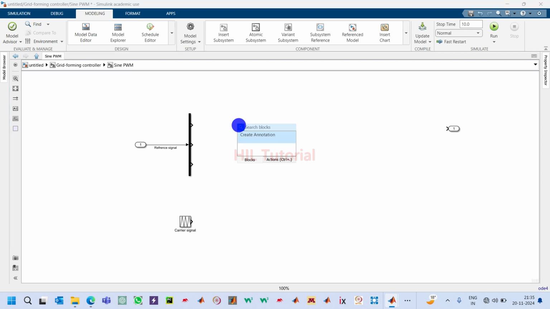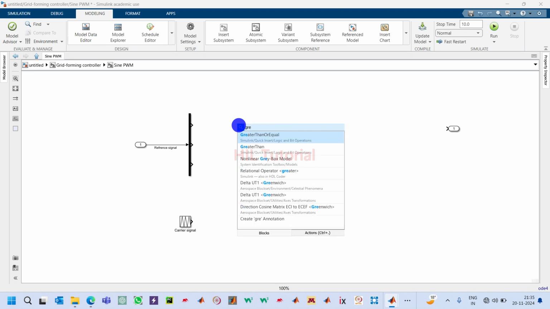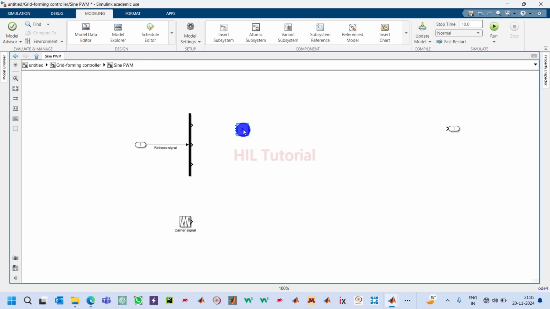So for comparing the carrier signal with the reference signal, we require a relational operator, that is greater than or equal. Some people use greater than only, but I am here using greater than or equal. So take 3 greater than or equal blocks and connect it like this.